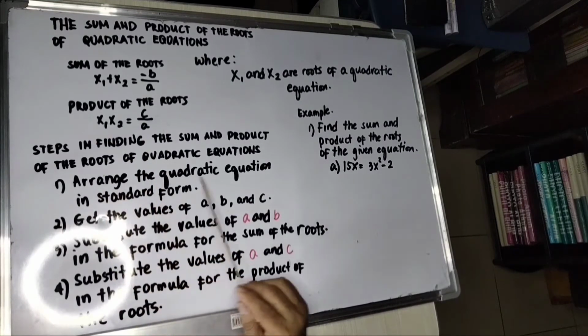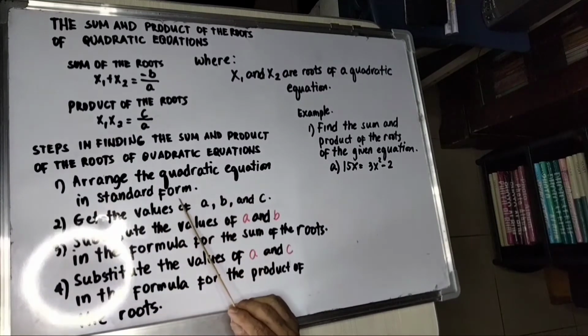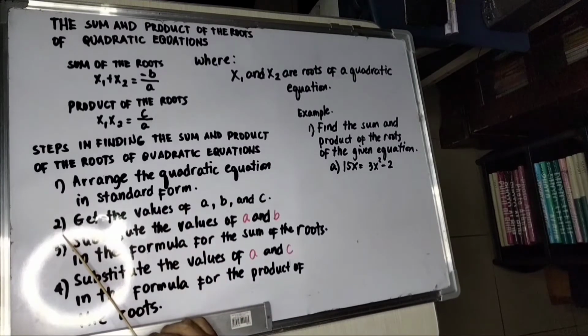First is arrange the quadratic equation in standard form. Next is get the values of a, b, and c. But see to it that before getting the values of a, b, and c, the quadratic equation should be in standard form.